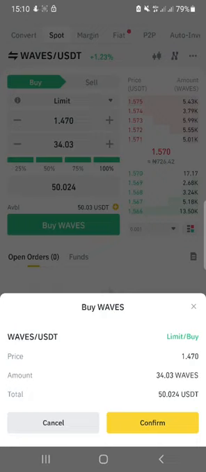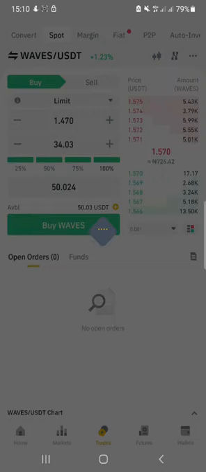You can see on this page that the price I want to buy at is 1.470. The amount of Waves I'm going to have is 34.03 Waves. The total amount of USDT I'm using to buy Waves is 50.024 USDT. So let's continue. Let's confirm.